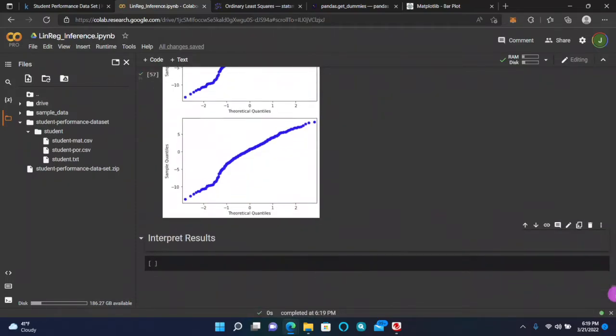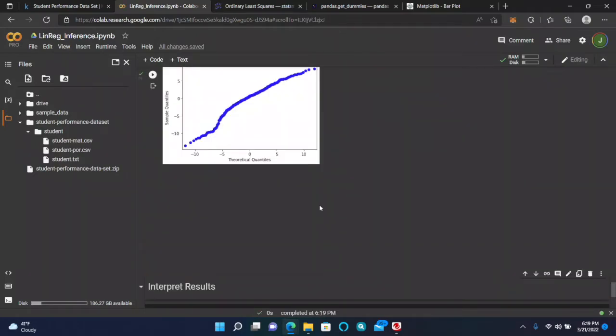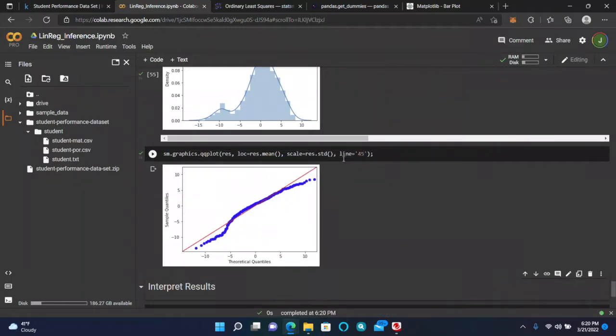There we go. We're changing the location and the scale to put both the x and y axes on the same location and scale. It makes it more interpretable here. And you know what? I actually think I want a line. A 45-degree line. Let's try that.